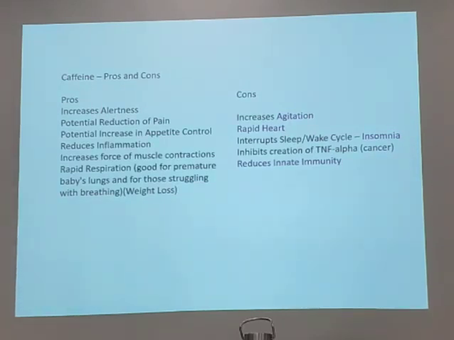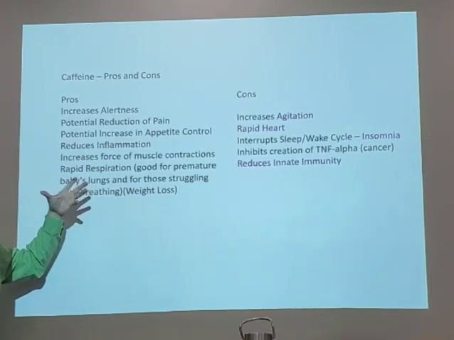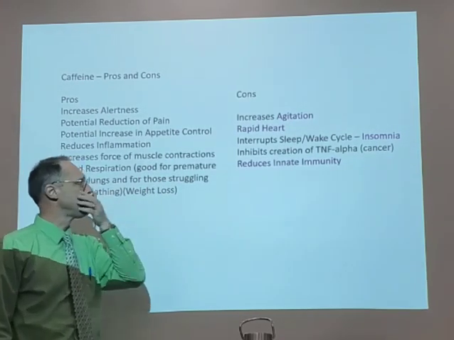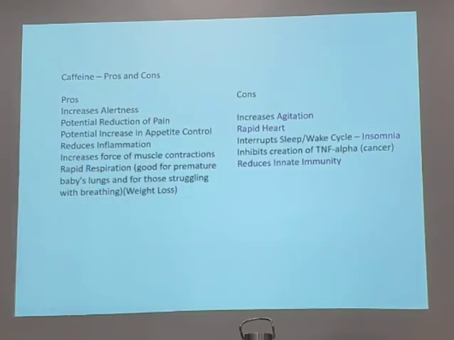Jump higher, great. That's why people have rapid respiration, which is really good for a low birth weight baby, because it can increase the likelihood that they're going to get enough oxygen. Cons: can increase the heart rate, can make people agitated, easily angry.